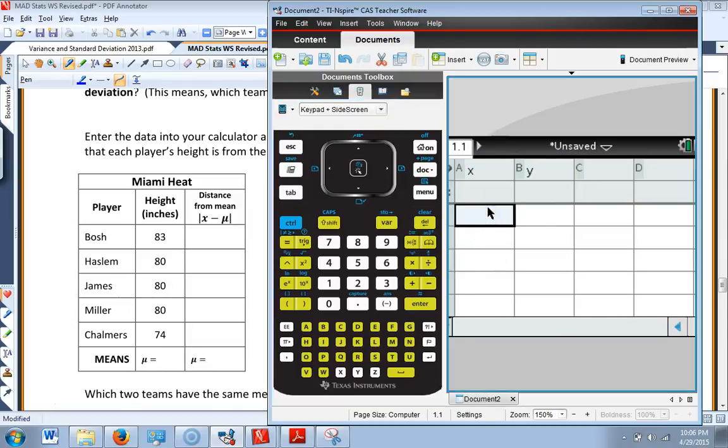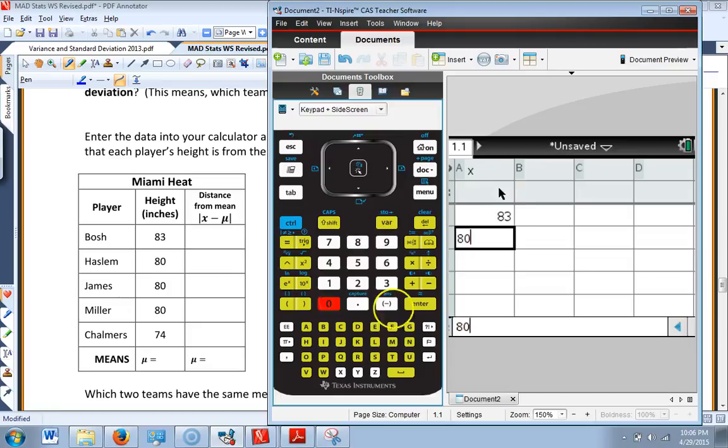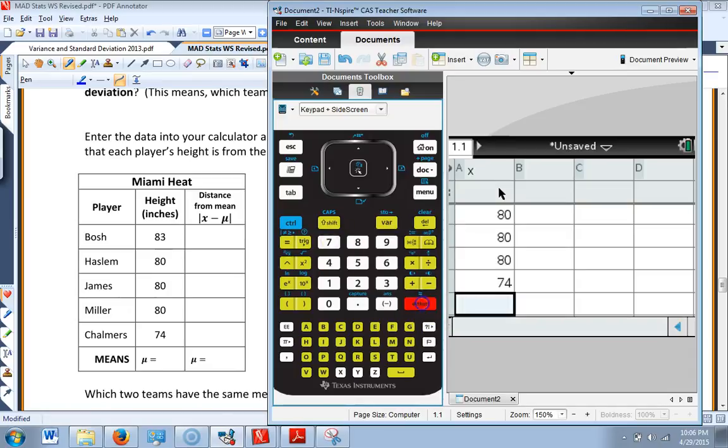And we are going to input our data set, just like we're starting off making a curve of best fit. We only need one variable. So we have 83, 80, 80, 80, 74. Now, you ready for the magic? Push menu.